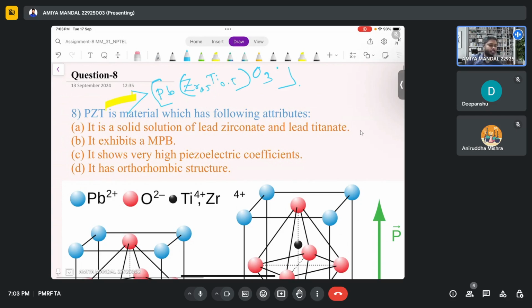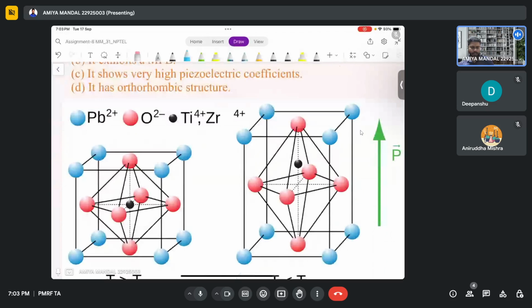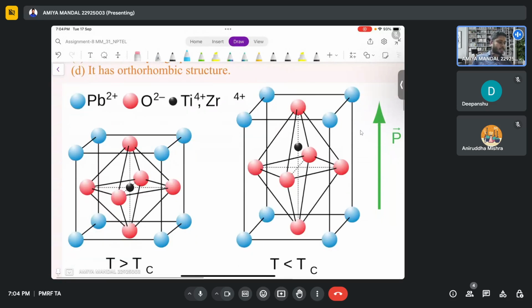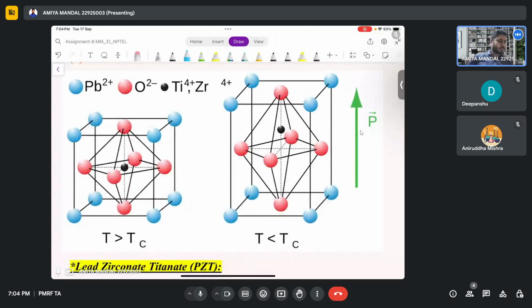If you observe the crystal structure very carefully, you can see this is the lead zirconium titanate unit cell structure.